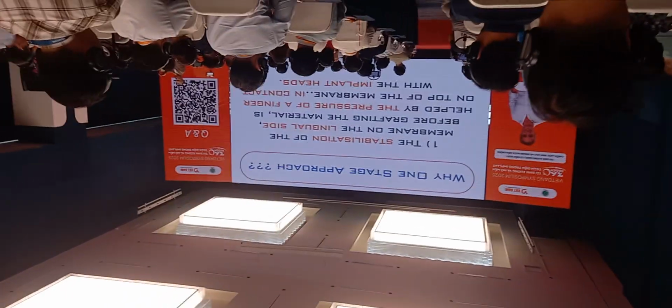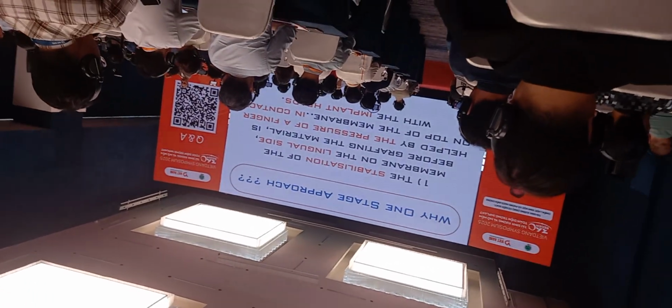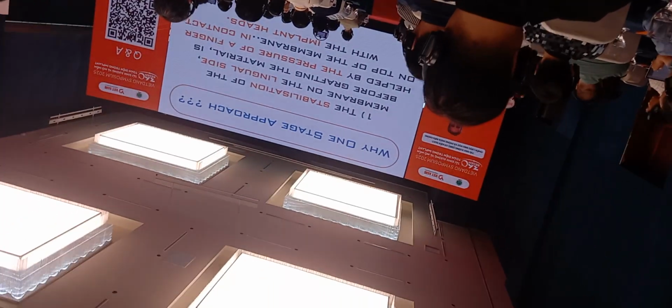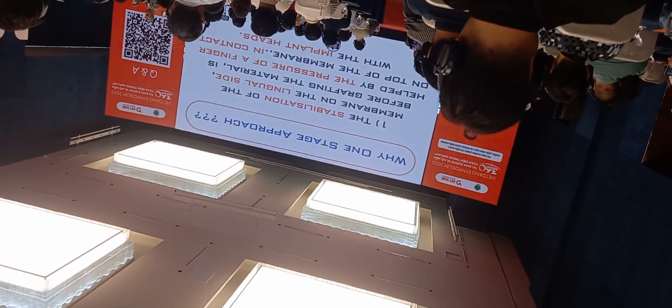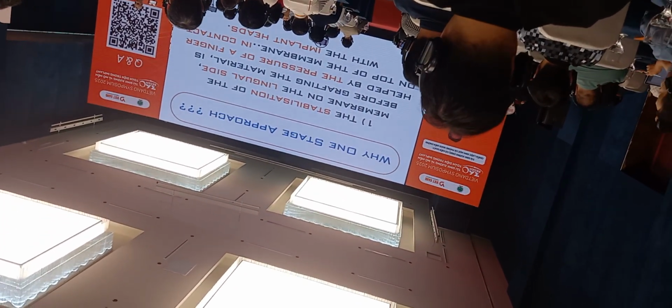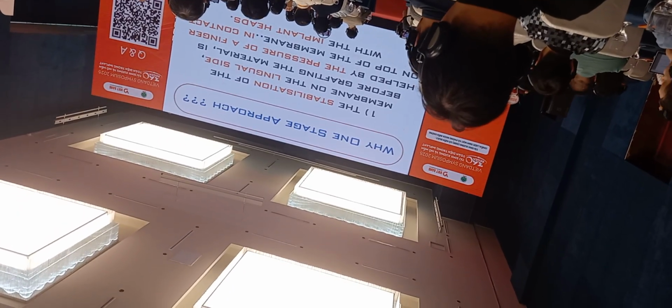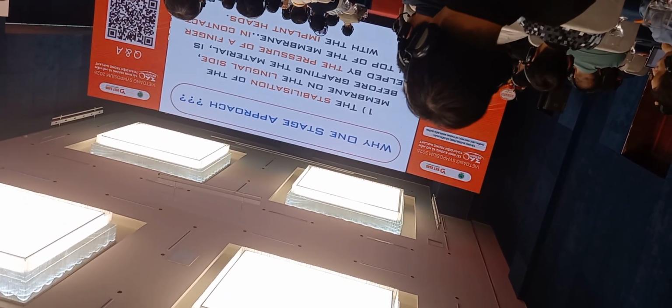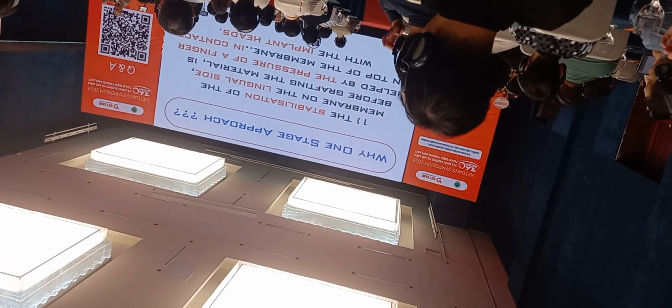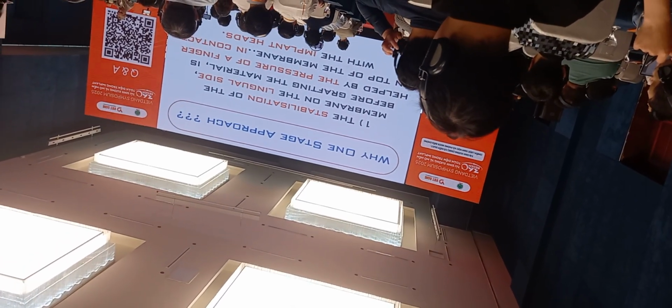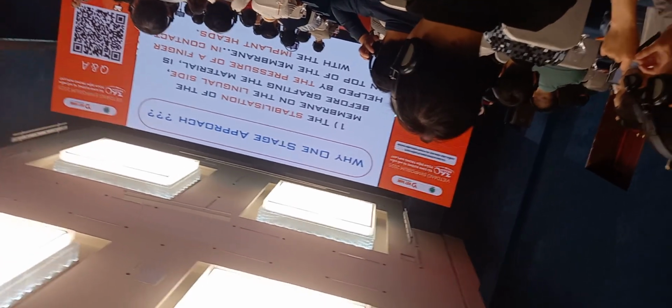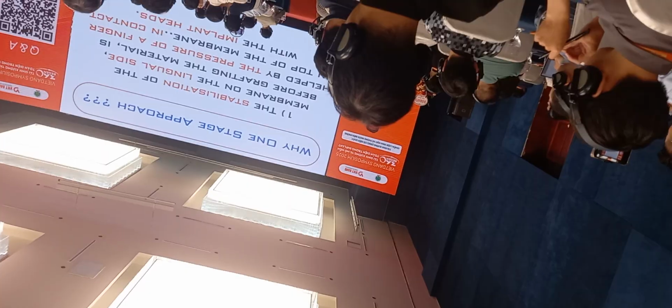You define the position of the membrane, and when you find the correct position, you stop the membrane with your finger. And while you are pushing your finger against the membrane and against the heads of the implants, you can fix the membrane on the lingual side, maintaining the correct position of the membrane.